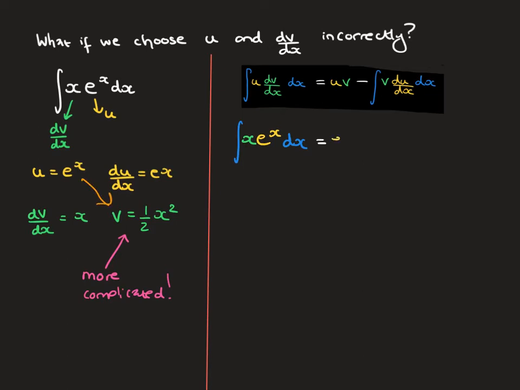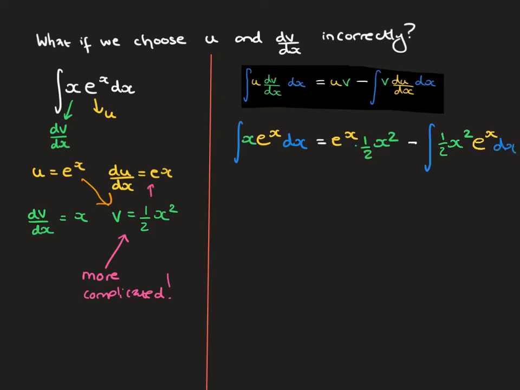So that's e to the x multiplied by a half x squared. And we need to subtract from that the integral of v, a half x squared, multiplied by du by dx, which is e to the x, with respect to x.